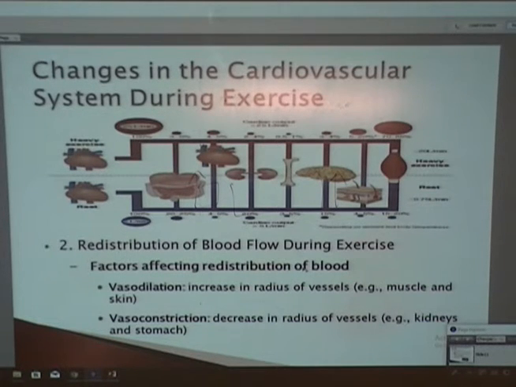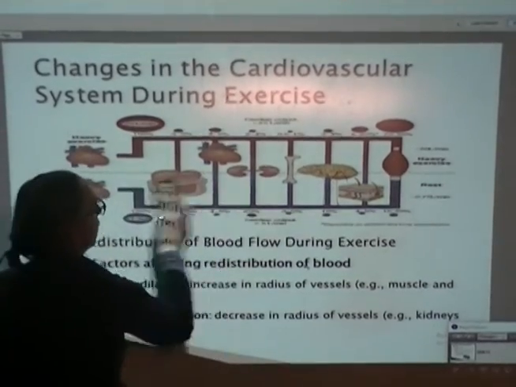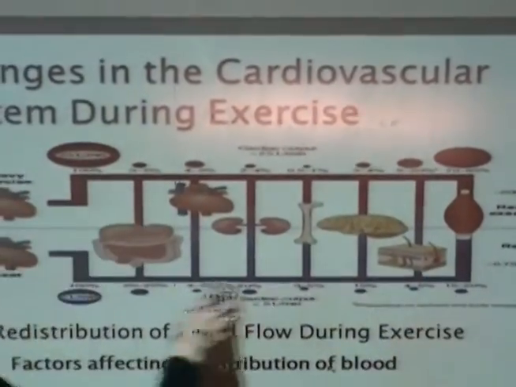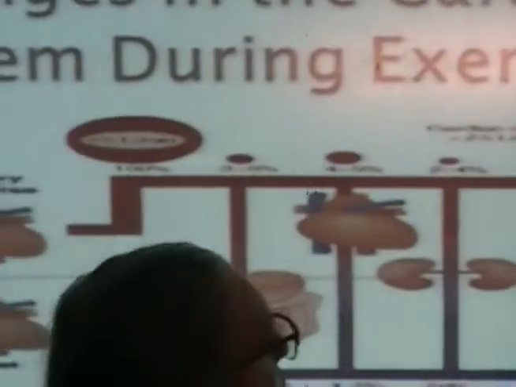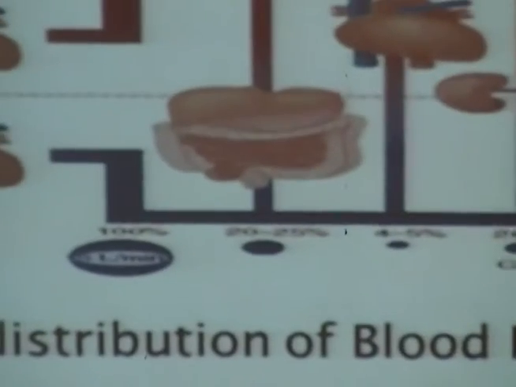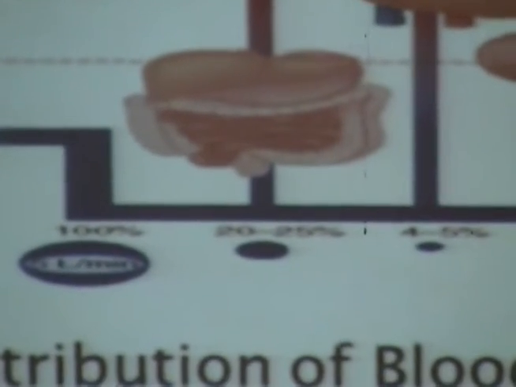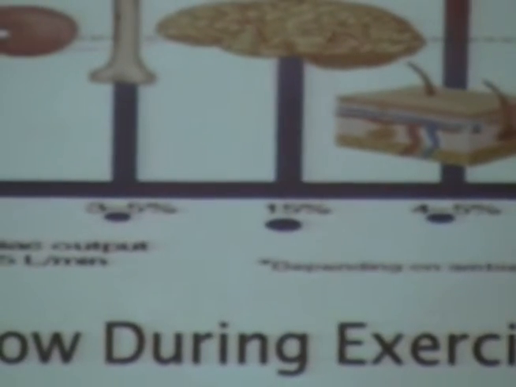So, at rest, this bottom line here is resting state, and the top line, the red line, is heavy exercising state, right? So when we're looking here, we said on Monday that Q at rest is about 5 liters. Remember, we looked at that bottle, right? 5 liters per minute.